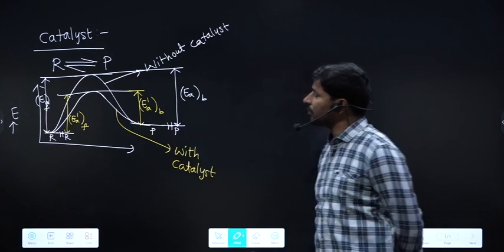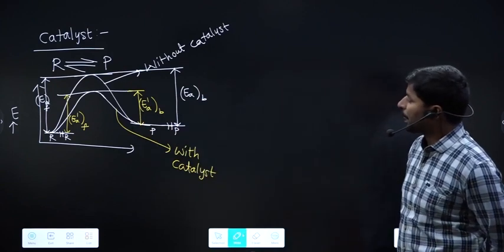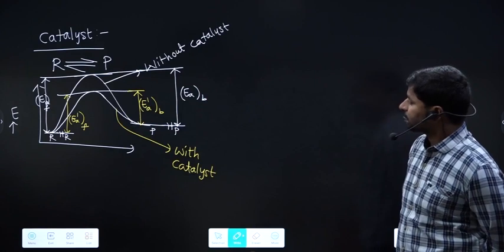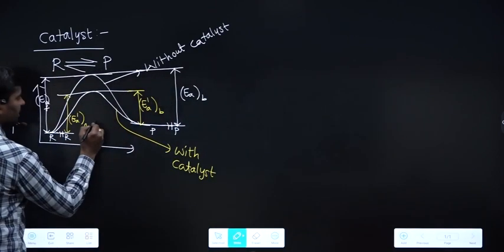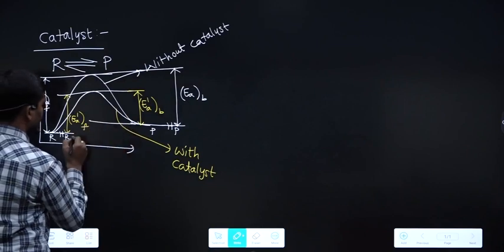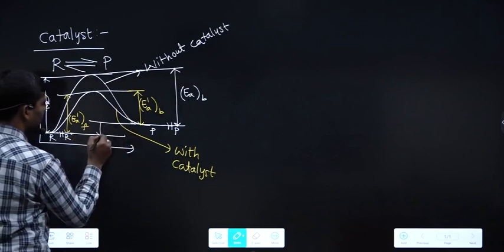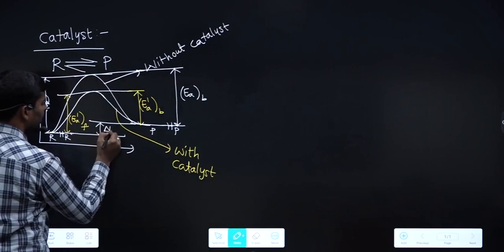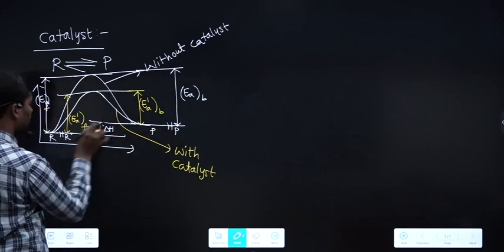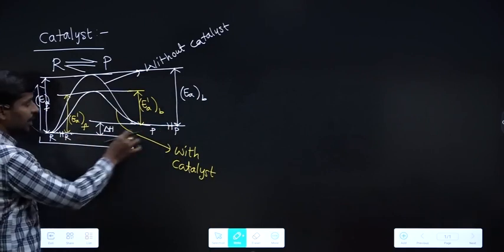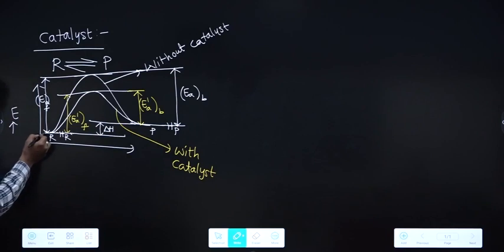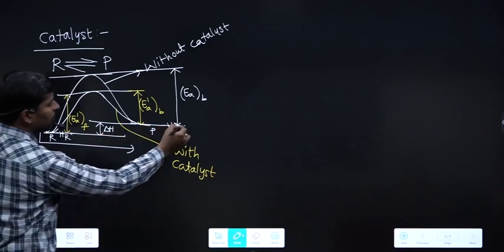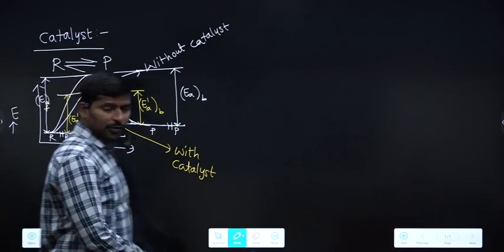You write first of all this energy profile diagram. What is the change in enthalpy during the reaction? This is the change in enthalpy during the reaction: enthalpy of products minus enthalpy of reactants. You write this one, otherwise you write here HR. This is HR. This is HP, enthalpy of products.